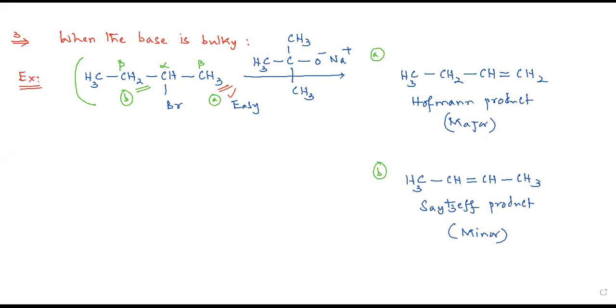Reason is again the same. Now the last one is when the gamma carbon is quaternary. Let me give you an example.